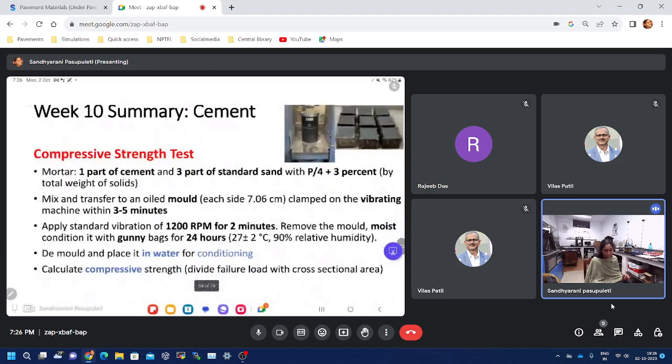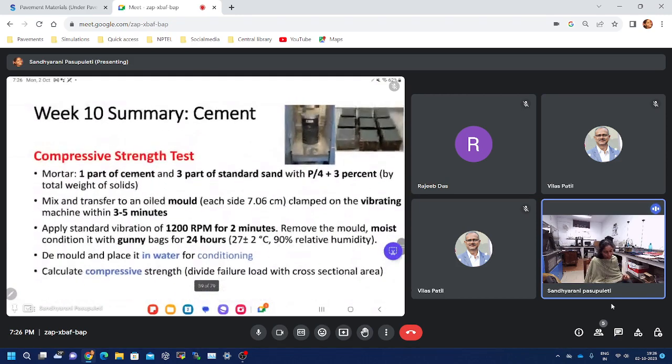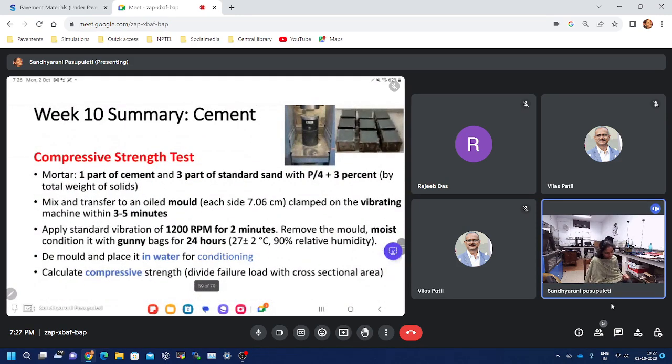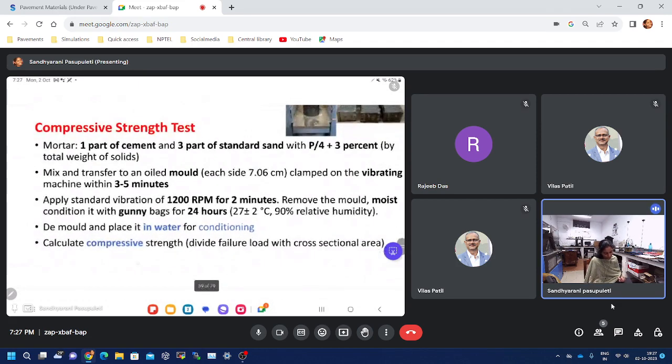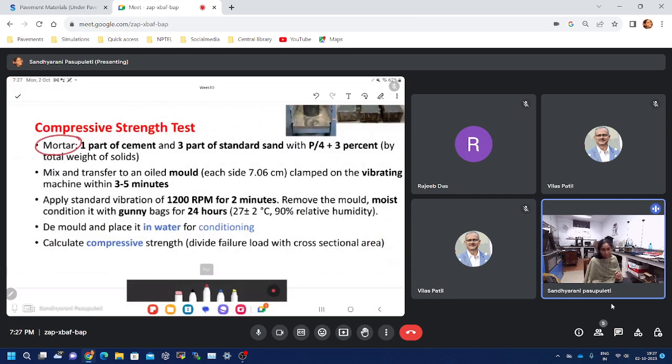In addition to this soundness test, we also have to perform the compressive strength test. All these tests are for cement. We are not discussing anything about concrete at the moment. To perform the compressive strength test on the cement, first we need to prepare the mortar. Mortar is nothing but the combination of cement and water, and also some fine material to give the strength.